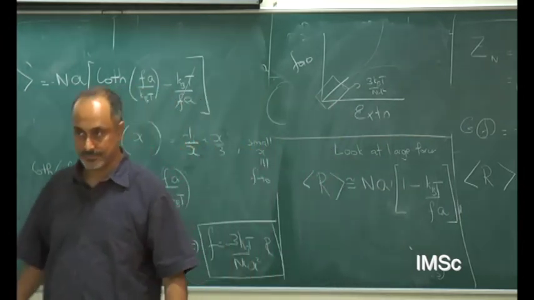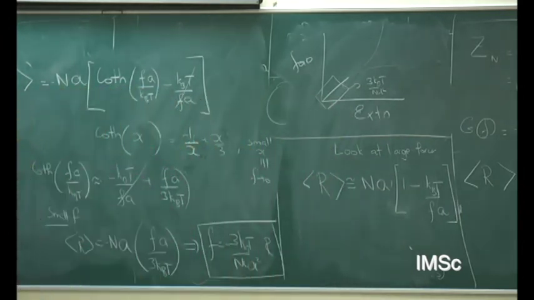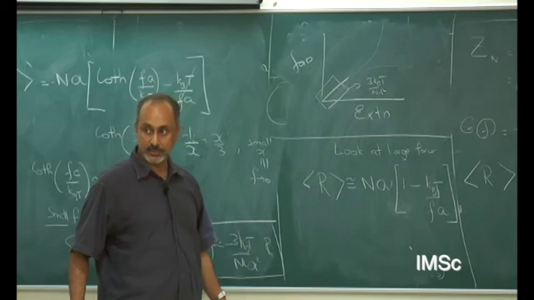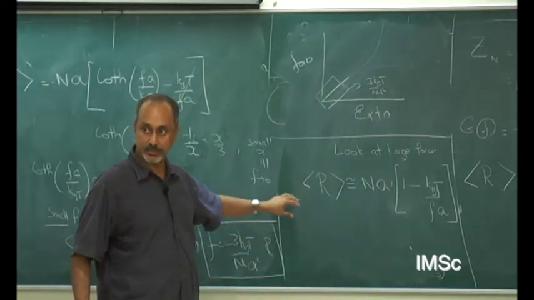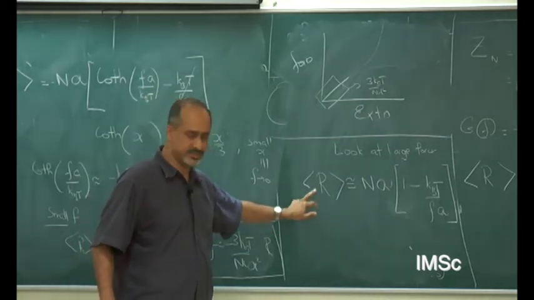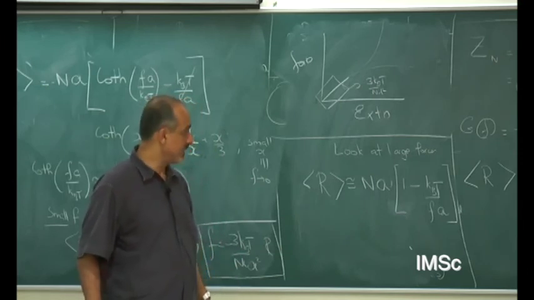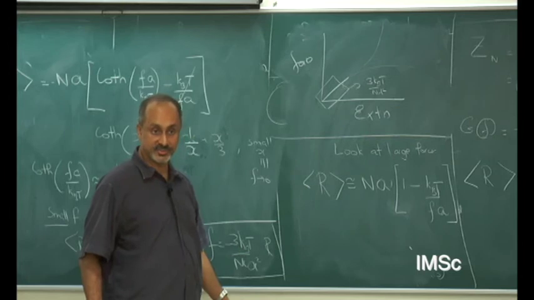Your extension is capital R. I've been using slightly different notation at different points, but I've tried consistently to stick with this R, which is the end-to-end distance. So this is what happens at large forces.